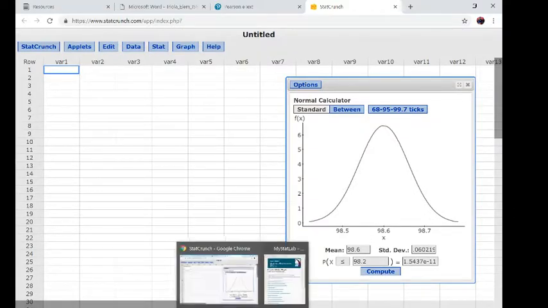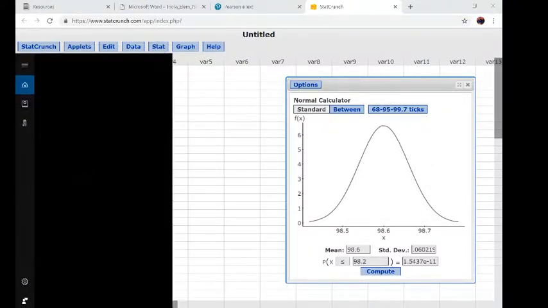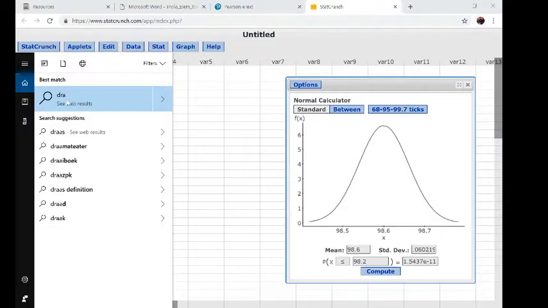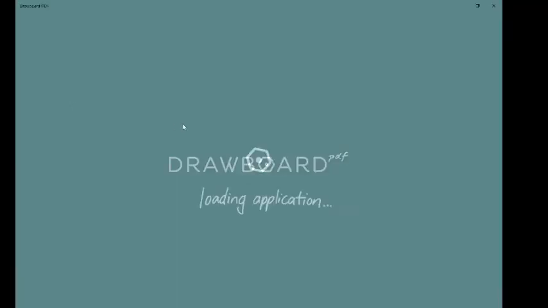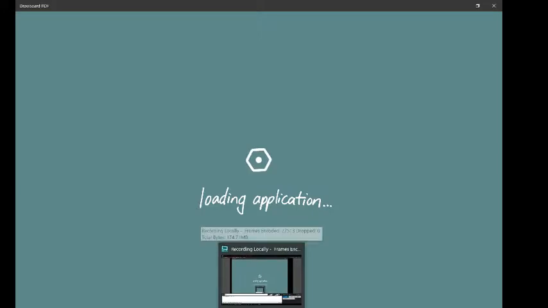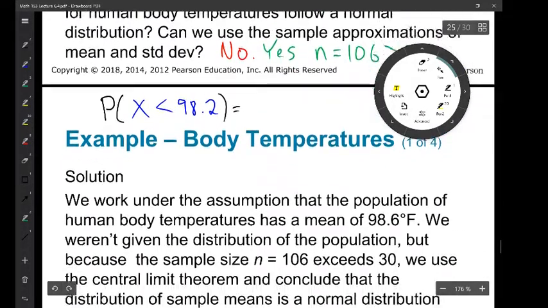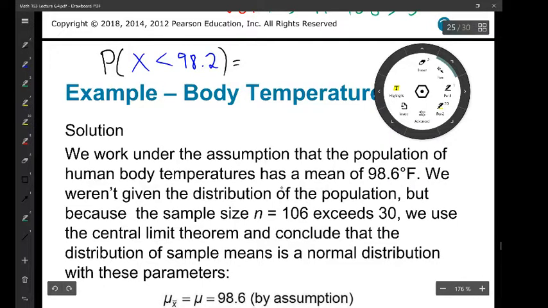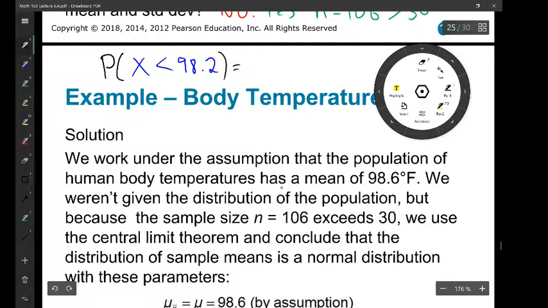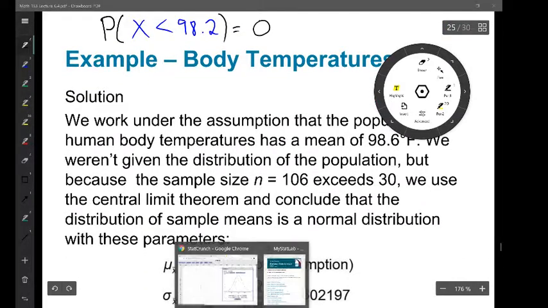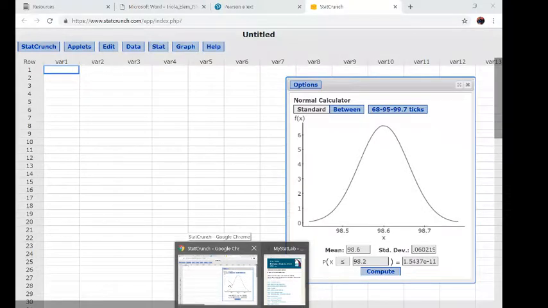So set the probability at 0. And the result we're getting is 1.543 times 10 to the negative 11th.